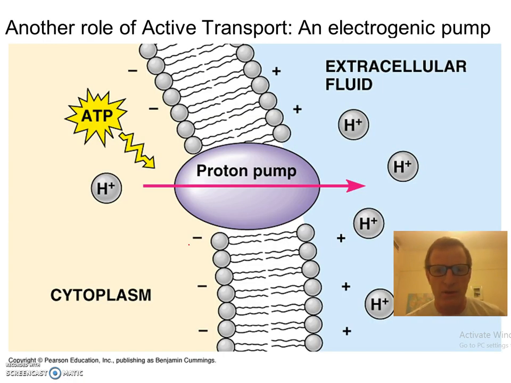Here's another example. So in cells, we have this thing called a proton pump, and it can pump hydrogen ions across a membrane. Remember, the mitochondria does this with the electron transport chain. It uses that electron transport energy to pump hydrogen ions in that intermembrane space. Here we have that same process undergoing active transport, moving that hydrogen ion.